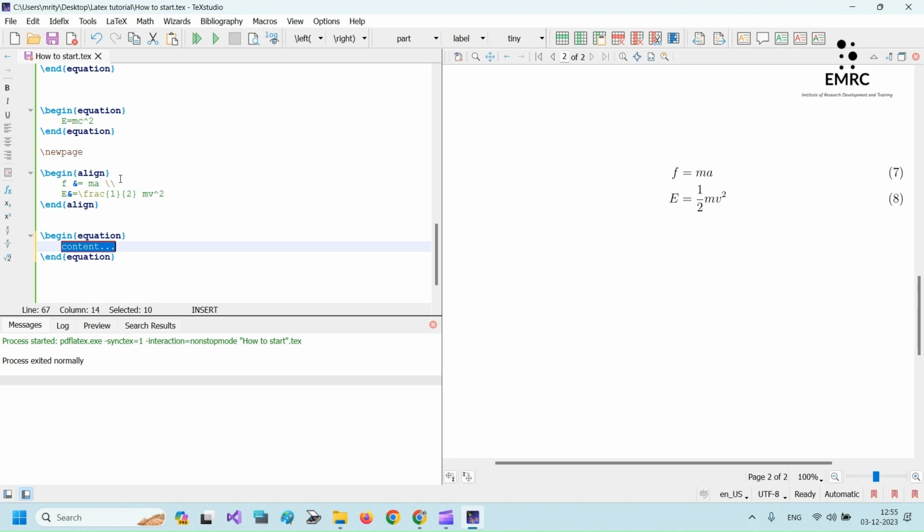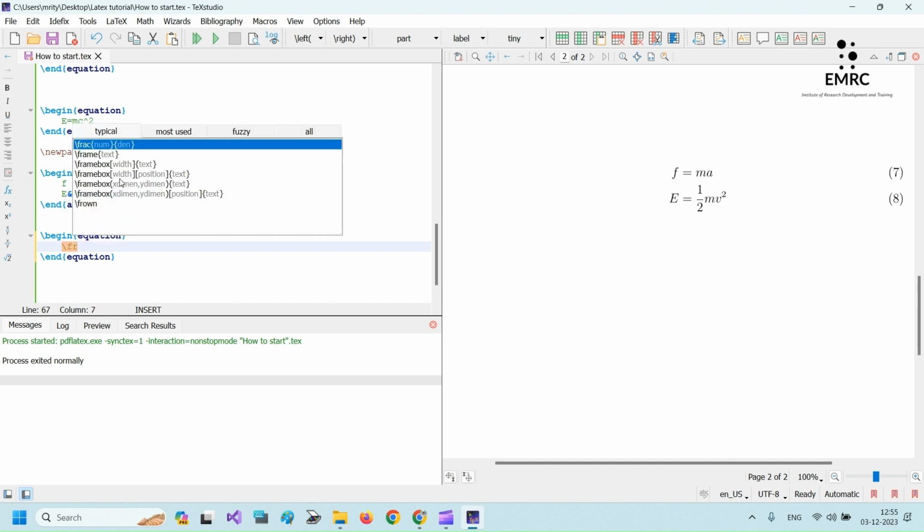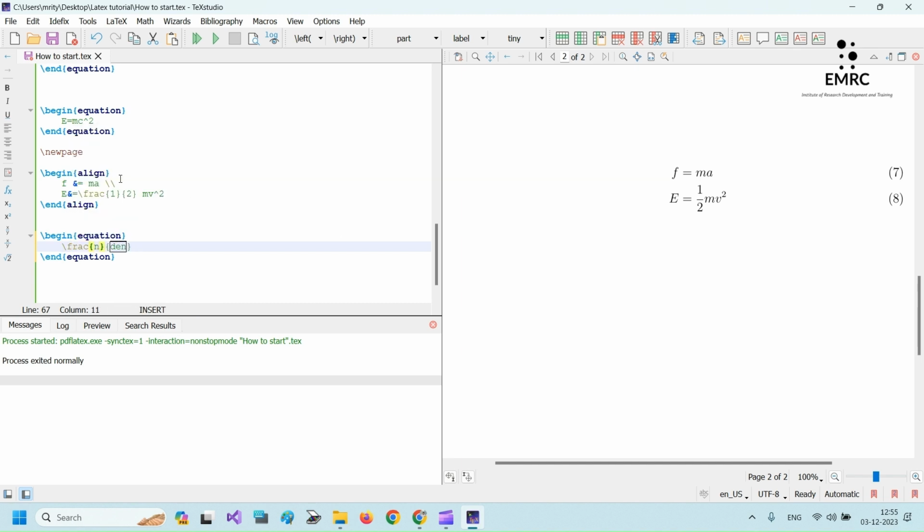Binomial function is like, suppose I write an equation frac n factorial and k factorial, bracket n minus k factorial, is equal to binom n k.